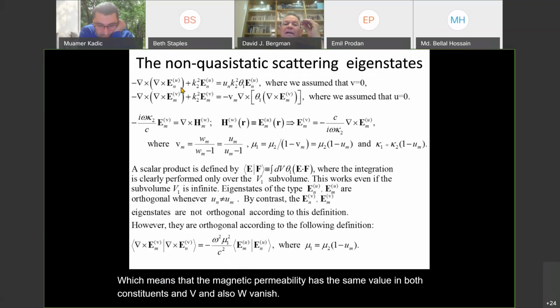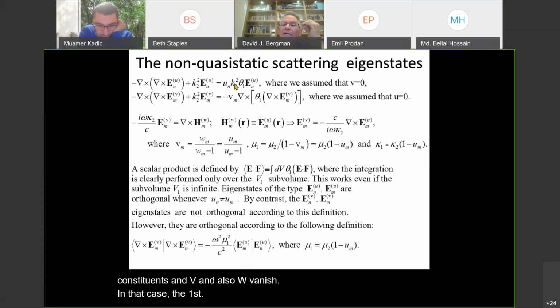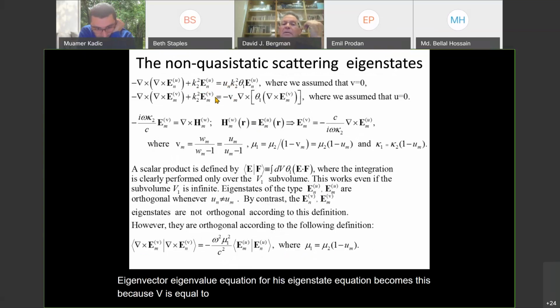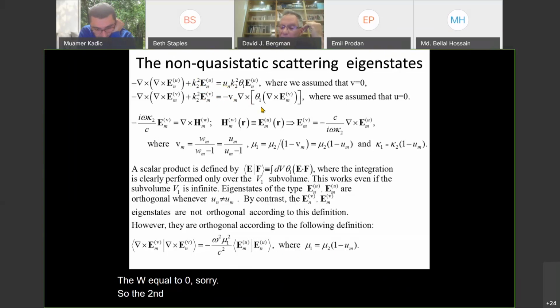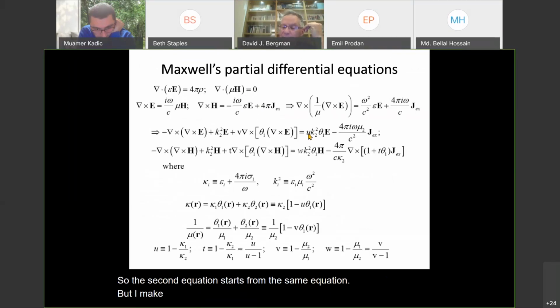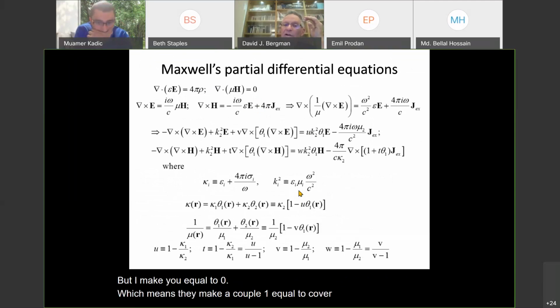In that case, the first eigenstate equation becomes this, because V is equal to 0. The second eigenstate equation, when I make W equal to 0, starts from the same equation, but I make U equal to 0, which means I make kappa 1 equal to kappa 2, and only the mu's are different.